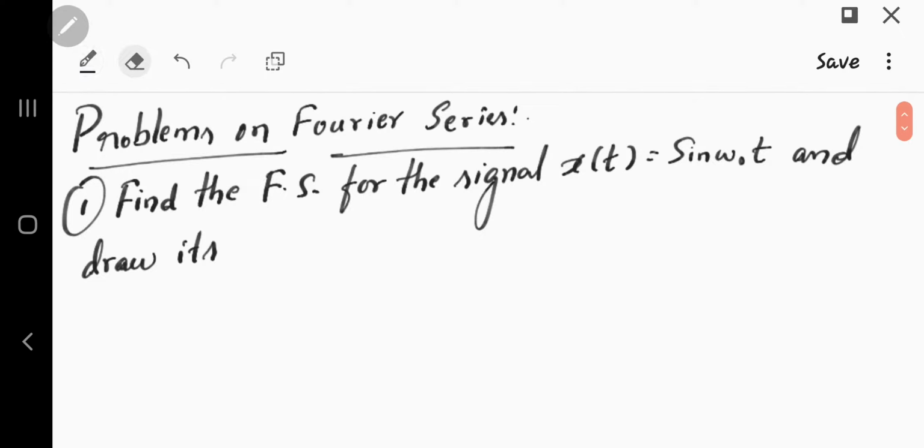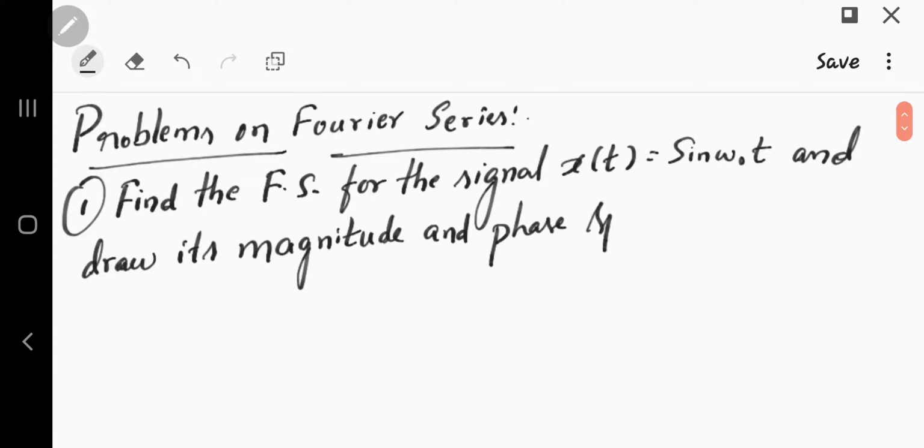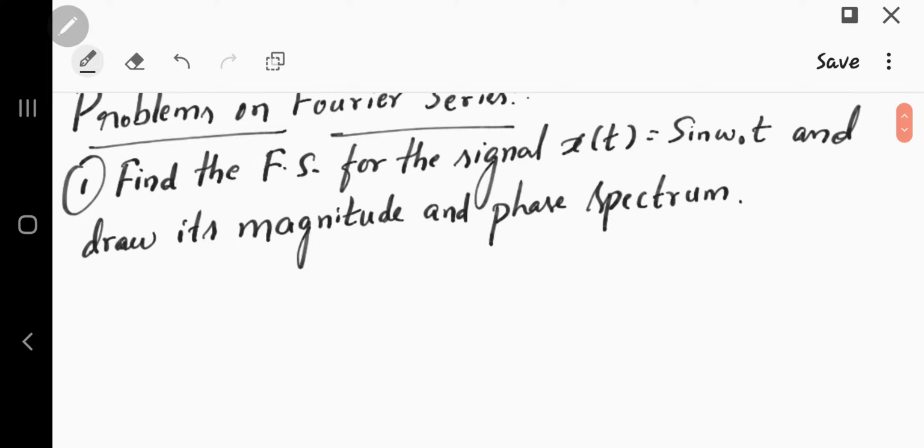Find the Fourier series for the signal x of t is equal to sine omega naught t and draw its magnitude and phase spectrum. So this is the problem given here. Let's find out the solution for this and draw the magnitude and phase spectrum.